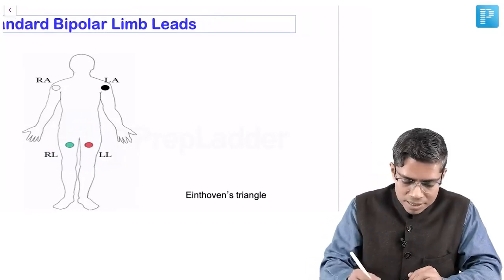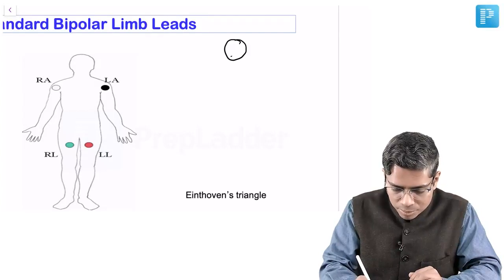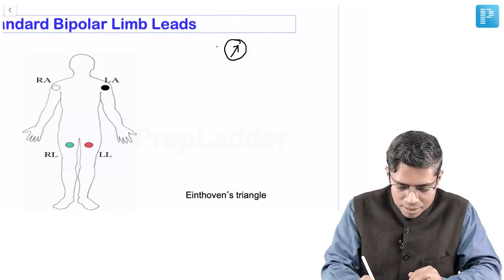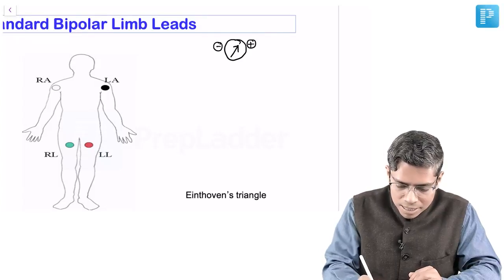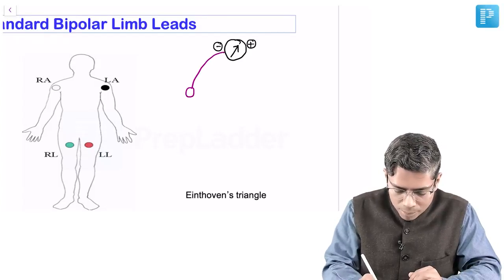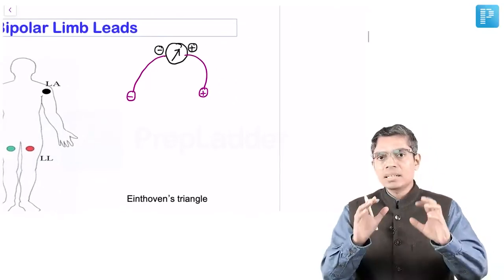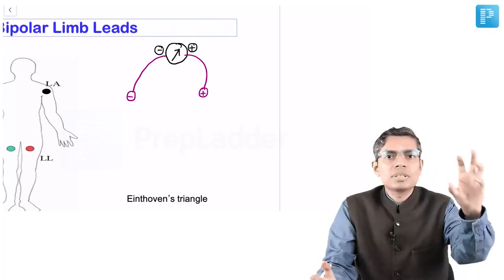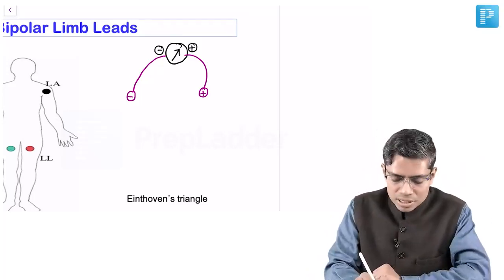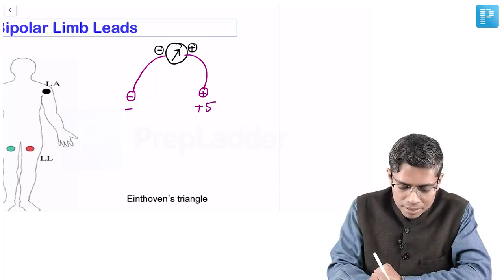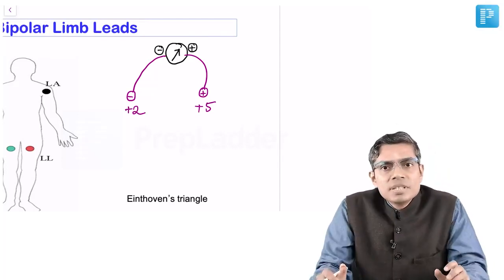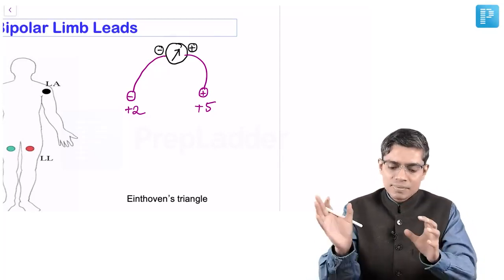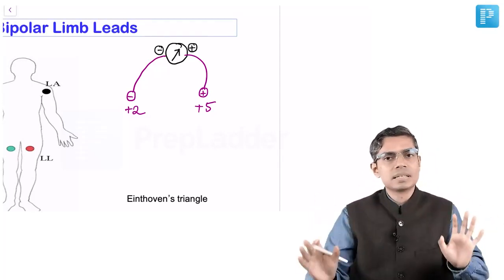So I told you that an ECG machine is nothing but a voltmeter. This is my voltmeter, this is the negative end of the voltmeter, this is the positive end. If you connect the negative end on one part and the positive end on another part, and you measure the difference between positive with respect to negative, suppose positive is getting plus 5 and this is getting plus 2, then bipolar limb leads means it is going to measure the difference between positive minus negative.